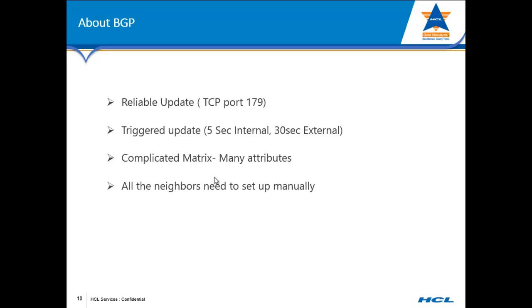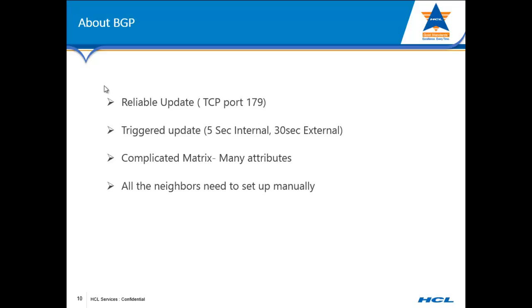In the case of BGP, the communication happens through TCP, specifically port number 179. Next are the BGP update timings: 5 seconds is the internal BGP update timing and 30 seconds is the external BGP update timing. We will have a clear look at internal BGP and external BGP in upcoming slides.